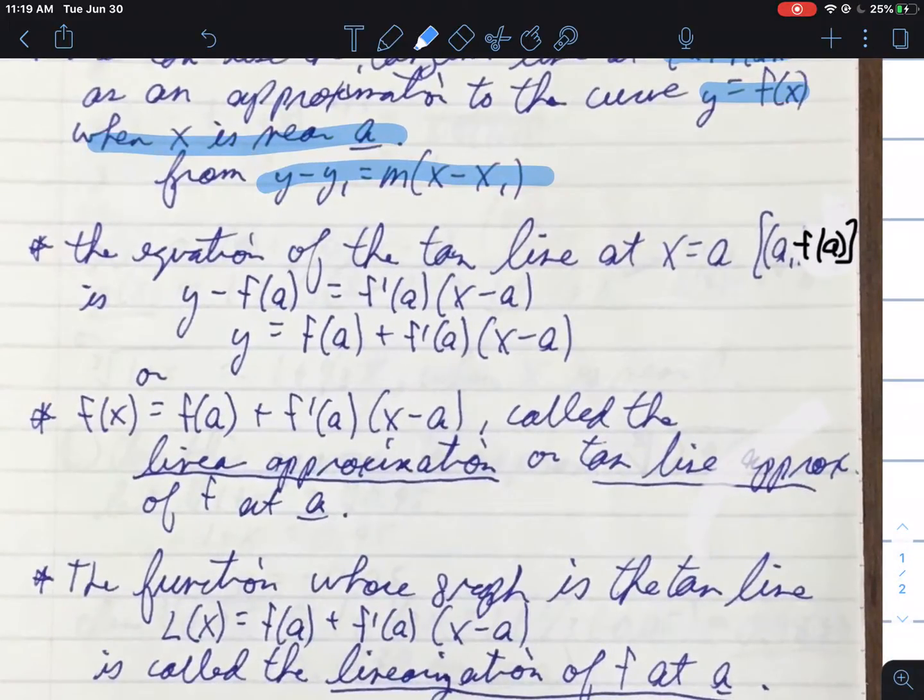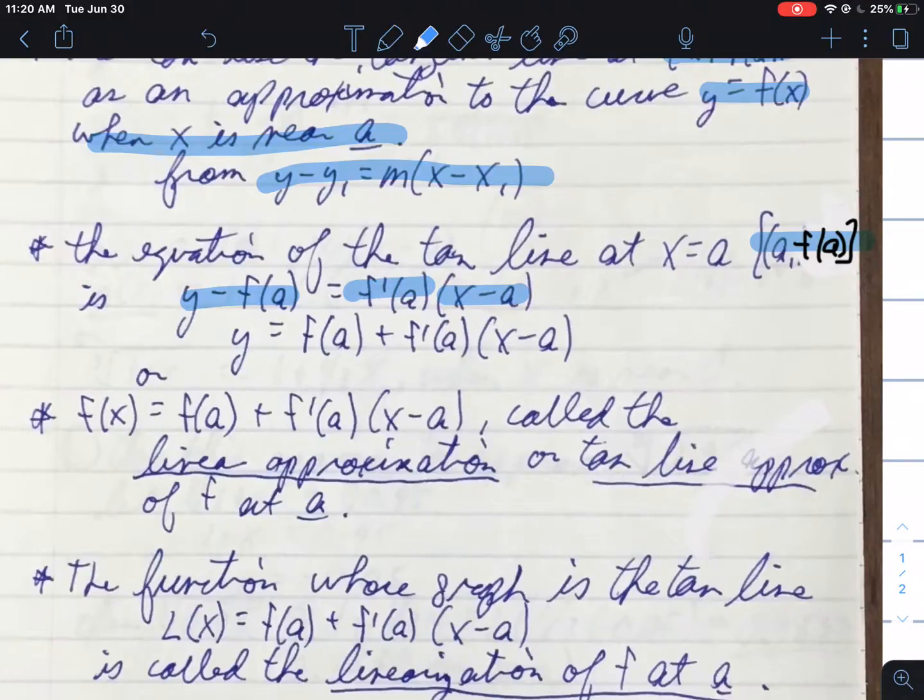The equation of the tan line at the point where x equals a, so at the point a, f of a, can be equivalently written as, instead of x1 and y1, I'm using a and f of a as the coordinates of our point. So here's our y minus the y coordinate of our point, x minus the x coordinate of our point, which is a, and then we have the slope of our tan line, which is our derivative, f prime at a.